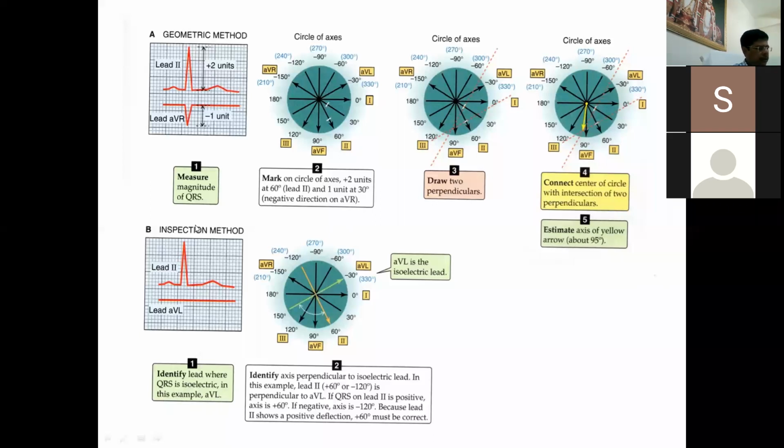One method is called the geometric method, on top, method A, and the other one below is called the inspection method. So we look at this geometric method.